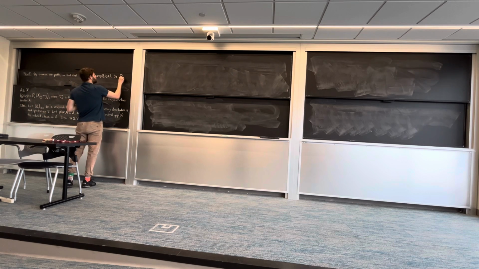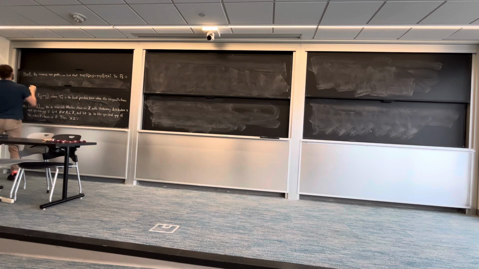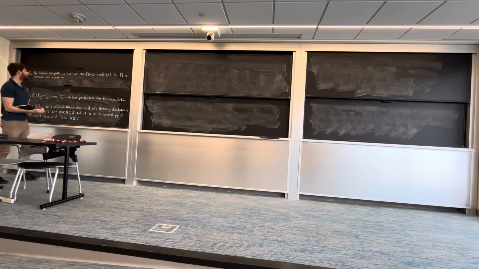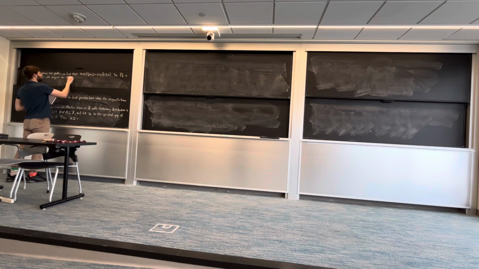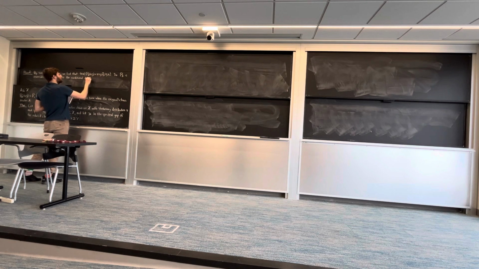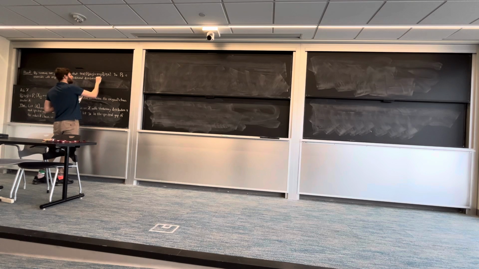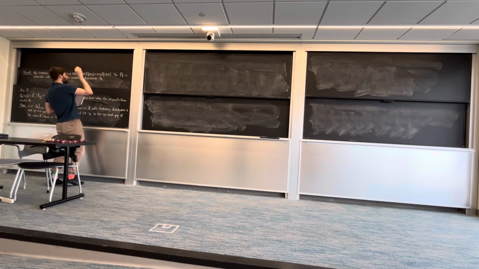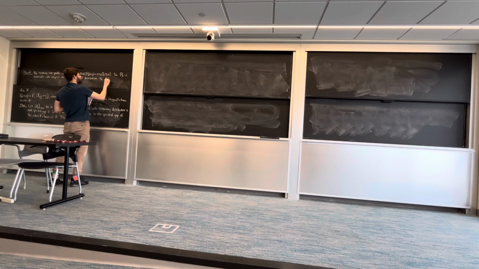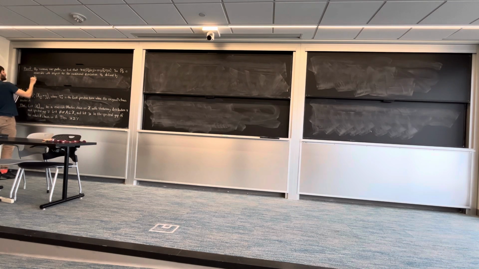So this is saying P_A is reversible with respect to pi sub A, which is basically the conditional distribution of pi conditioned on being in A. This is a probability distribution defined by pi sub A of a set B.